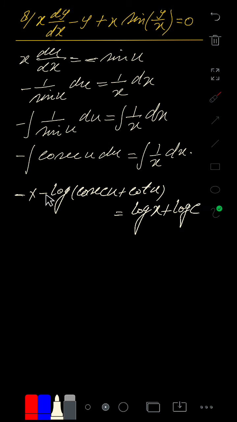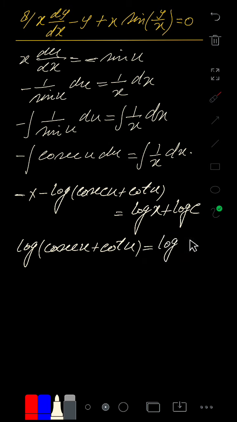So this minus into minus becomes plus, and we have log cosec u plus cot u is equal to, this may be written as log cx using log m plus log n is equal to log m into n.